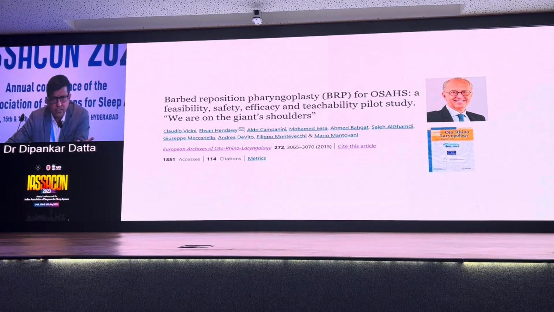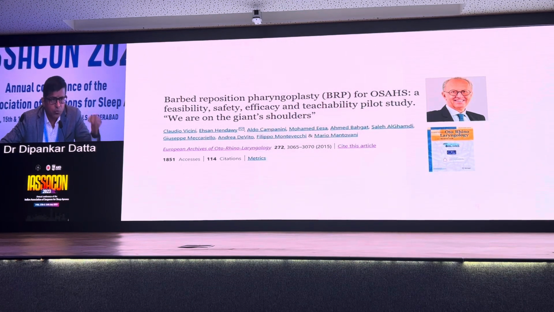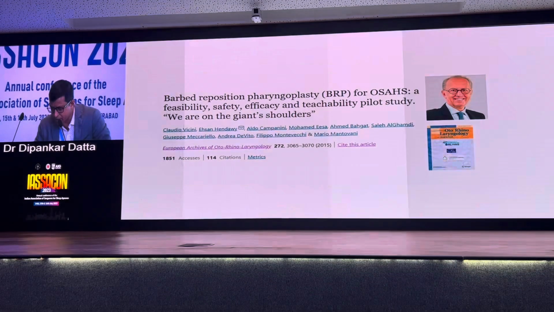We are exploiting the property of the barb in our obstructive sleep apnea surgery to reduce the vibration and the collapsibility at the level of the palate, because that is our patient's symptom. Patients will bother about reduction of the snoring only. Actually, these patients are not caring about the cosmetic. So that is my argument.